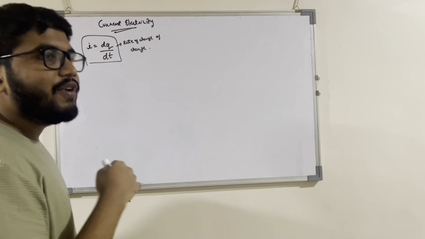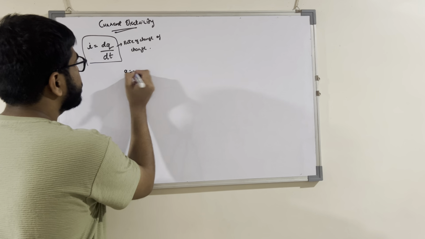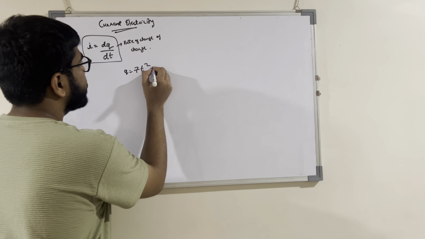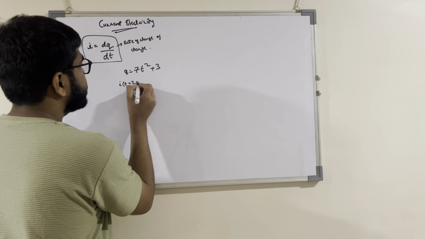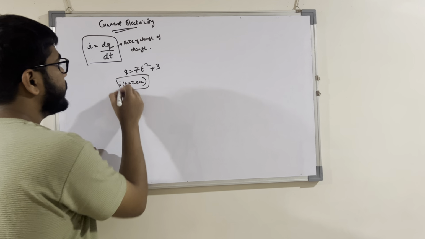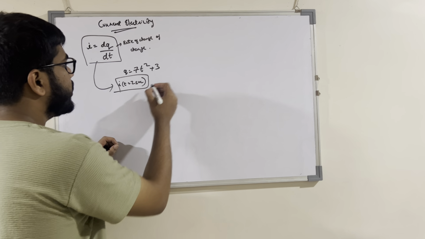So some of the very basic questions which come is: q is equal to 7t square plus 3, find I at t is equal to 2 seconds. These are some of the problem statements, right? So there is a simple thing. One is you have to apply this formula, differentiate.